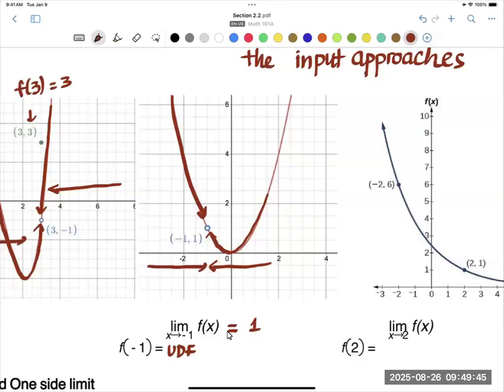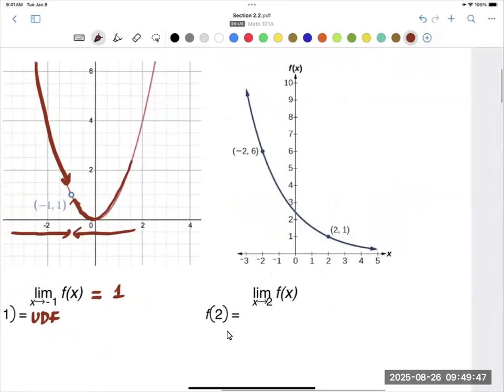So that's how we talk about limits. How about f of 2? As x equals 2, the y value is 1, so f of 2 is 1. We can say it's 1 because this is a closed circle, so the dot indicates that f of 2 is the output of the function.